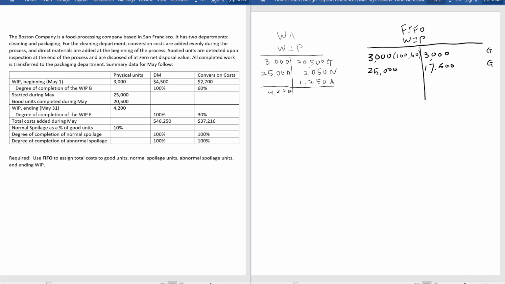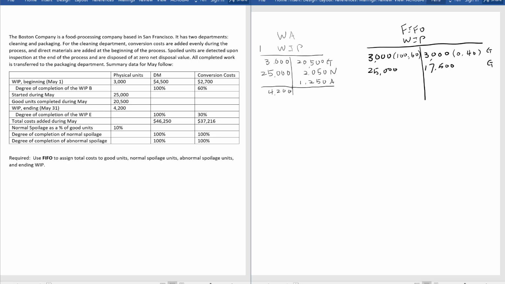Therefore, these units will need from May 0% in terms of direct materials and 40% in terms of conversion costs. The 40% is 100% minus 60%, and 60% is the May 1st beginning completion percentage.